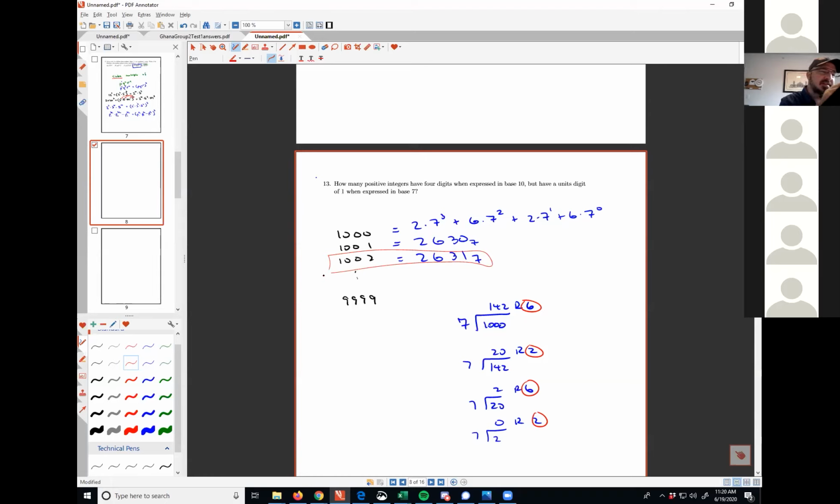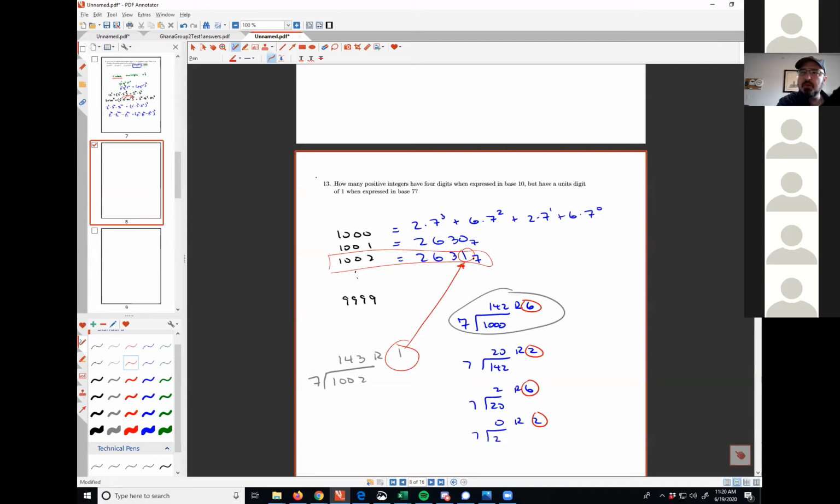Well, what that means is the very first time that we divided by 7, kind of like here when we were converting 1,000, that very first time that we divide by 7, we get a remainder of 1. That's where that units digit comes from.